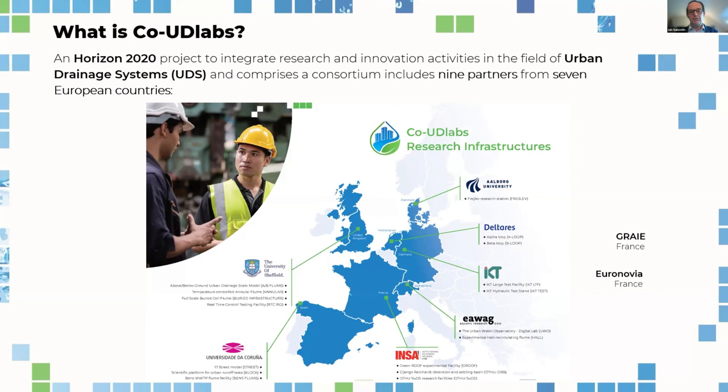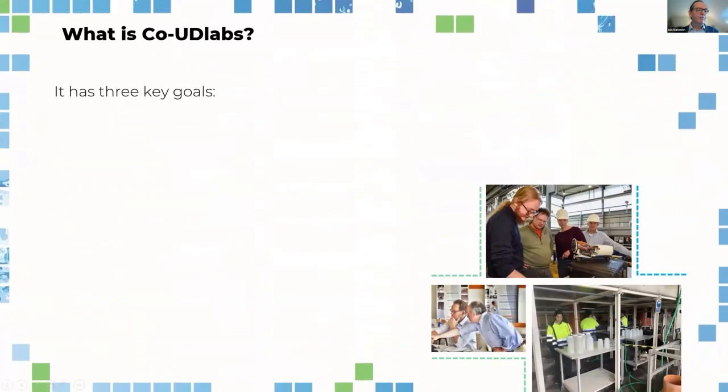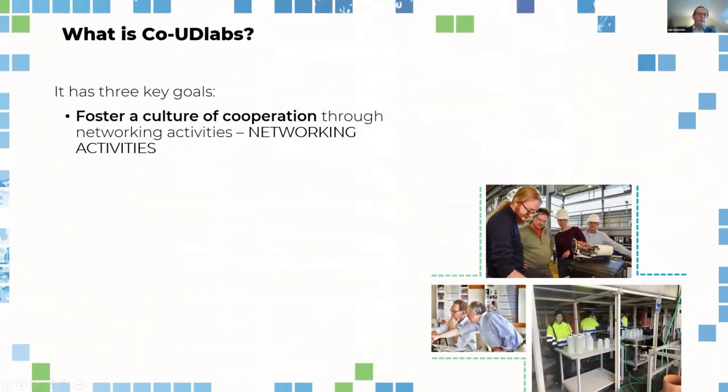With Horizon 2020, this particular project was about starting a community of research infrastructures that perhaps had not actually worked together before, and to get people across Europe thinking about how to work together, because urban drainage is an issue which affects everybody, and we're all subject to the same issues of climate change. So Co-UDlabs has 3 goals. First of all was fostering cooperation through networking activities.